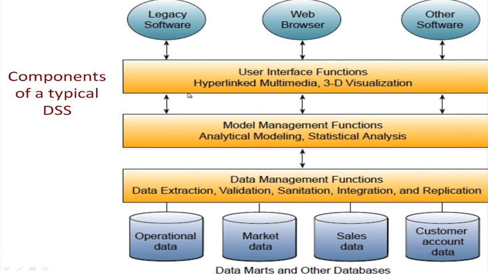So, these are the typical components of a decision support system. Here also you get data from various sources, mostly at the transaction processing level: operational data, market data, sales data, customer data and so on.